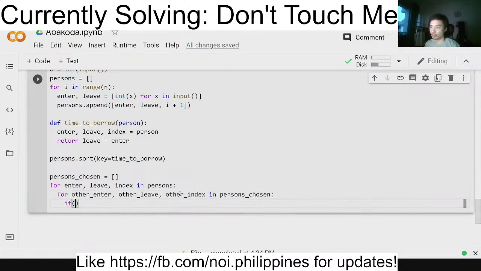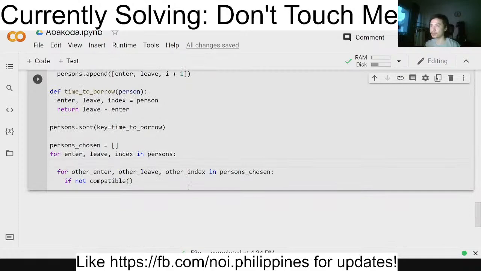Okay, if compatible, if not compatible, so we keep track of, we need to check, can I add this new person in the list of persons chosen, right?